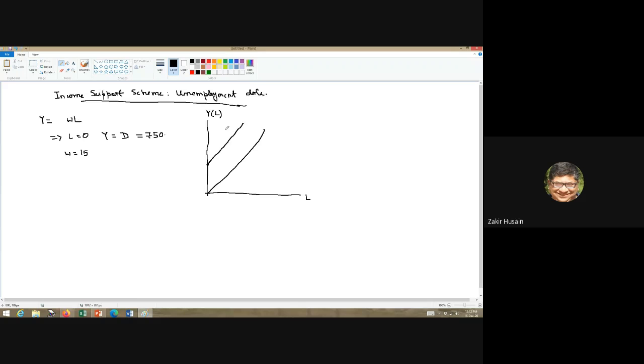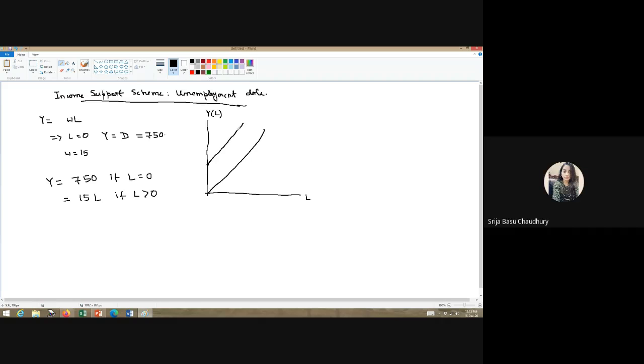See, the issue is that if you do a single bit of work, you will not get the unemployment dole. So the function is like this. If we are only considering unemployed people, then it will start from 750 and go up. So it will first go down and then go up, maybe. Will this be a continuous function in the first place? Yes, exactly.